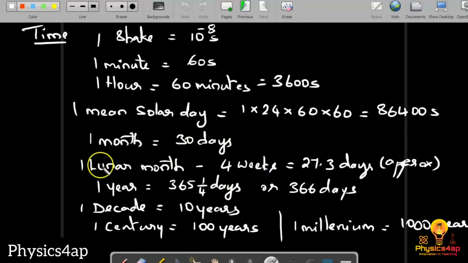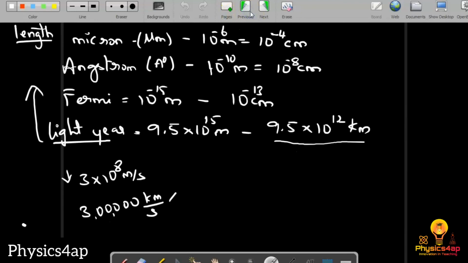Lunar month means the time taken by the moon to complete one revolution, that is 27.3 days. And 1 year is equal to 365 and 1 by 4 days, or if it is a leap year, we take it as 366 days. And 1 decade is 10 years, 1 century 100 years, and 1 millennium 1000 years. These are some of the values that we need to remember, like mass, length.